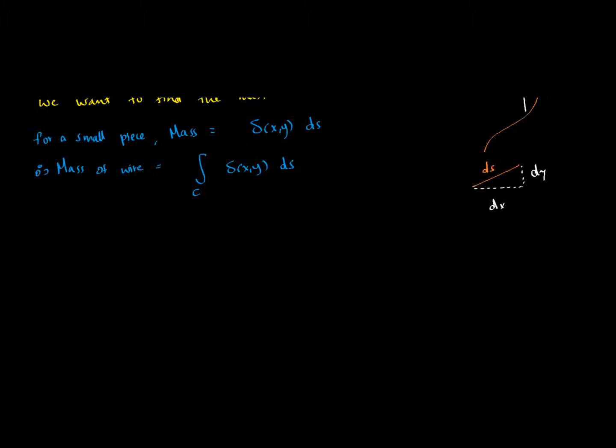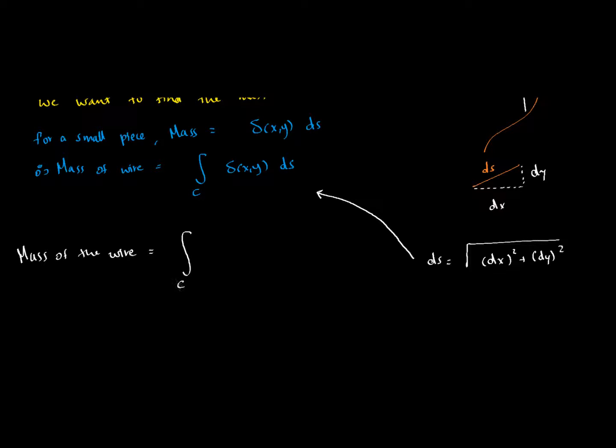And we can say that ds is equal to the square root of dx squared plus dy squared. Now I'm going to take this and substitute it into this equation. Therefore, the mass of the wire is equal to the integral along the curve C, density, and instead of ds, I'm going to write the square root of dx squared plus dy squared.